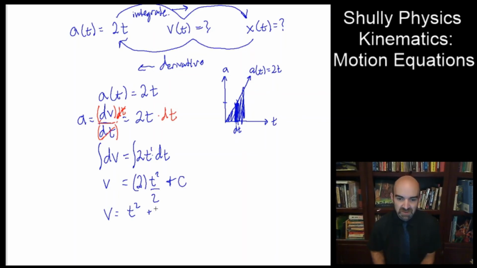In physics, because v is a quantity here, we know that this constant has to be the initial velocity. It may start at 0, it may start at 5 meters per second, it may start at negative 10 meters per second, but that's the initial velocity. That's what the c stands for. So we've come up with a function for velocity with respect to time: v0 plus t squared.